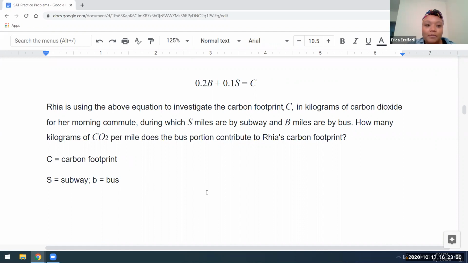How many kilograms of CO2 per mile does the bus portion contribute to Ria's carbon footprint? So we can even just go back to where it says the carbon footprint C. That's in kilograms of carbon dioxide.